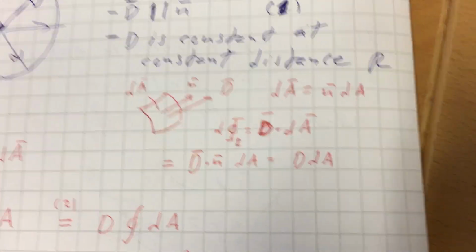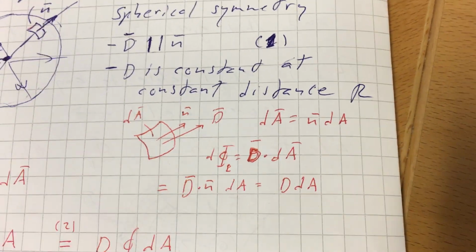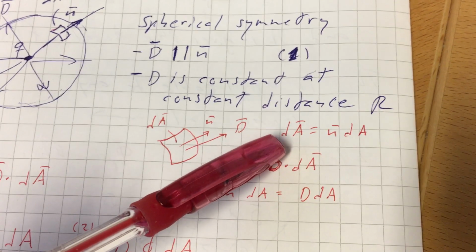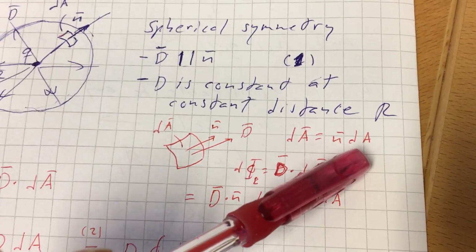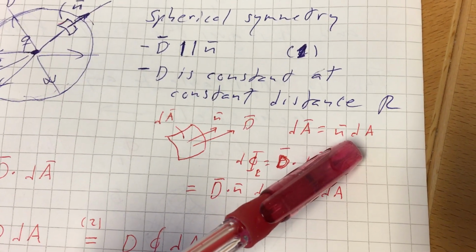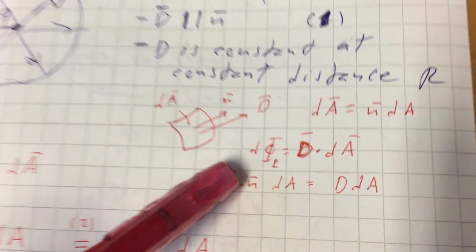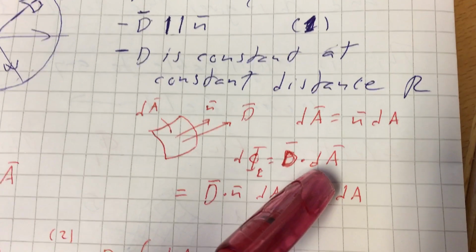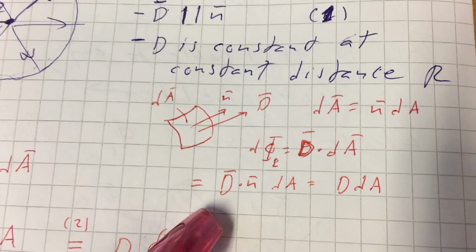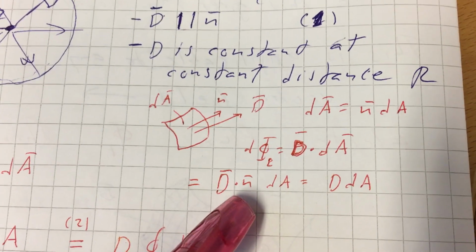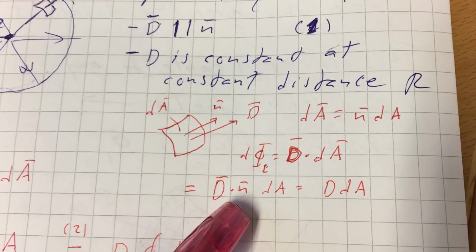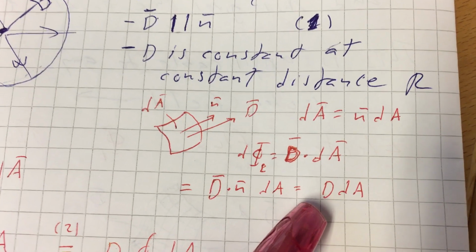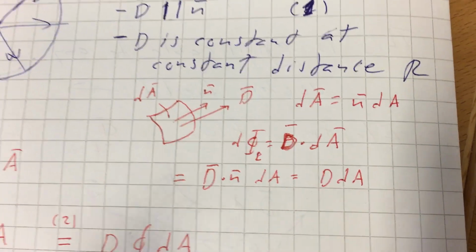And so if we look at the flux element, since n is just the unit vector of the area of the surface element, the flux element is just the flux density dot the surface element. On the other hand, it's just D dot n dA, and since D and n are in the same direction, this is just the magnitude of flux density D times dA.